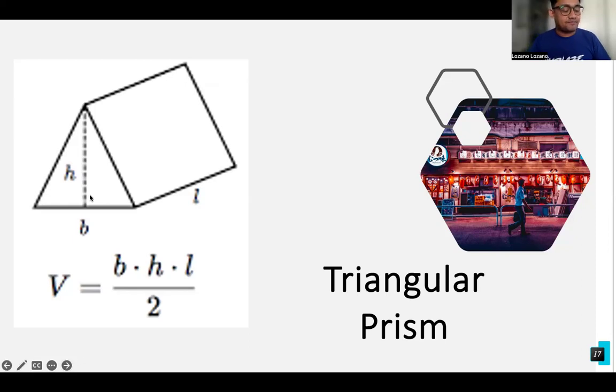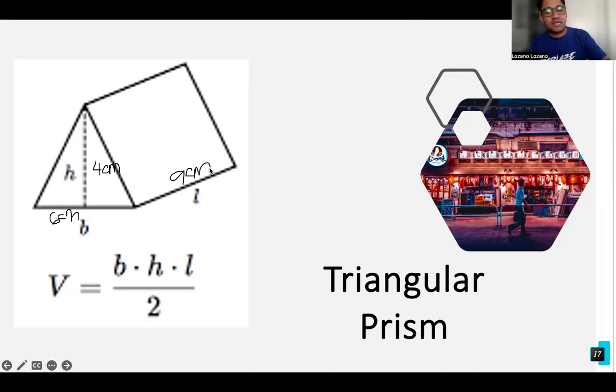Let's have an example for this triangular prism. Okay, let's say our base is 6 centimeters. The height is 4 centimeters. And the length is 9 centimeters.